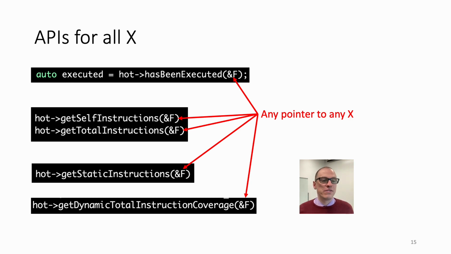And if that number comes back to be 0.5, it means that the 30 dynamic instructions that were executed within F represent half of the total number of dynamic instructions executed in the program.